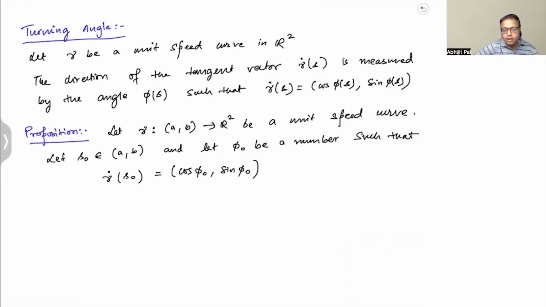So this we can write because the norm of gamma dot s naught is equal to 1. So it will be equal to cos phi naught comma sin phi naught for some number phi naught.